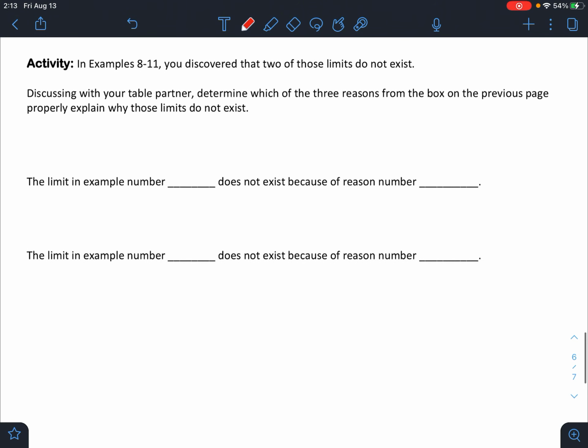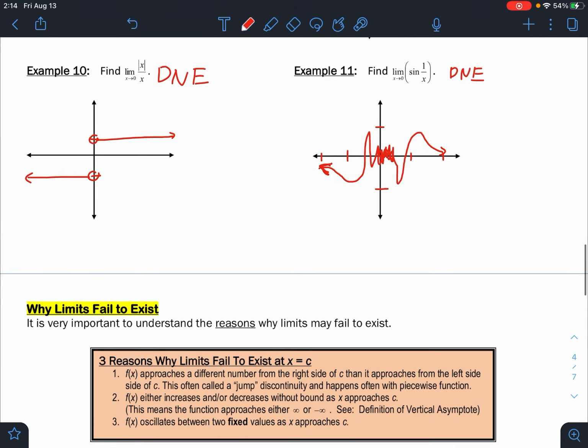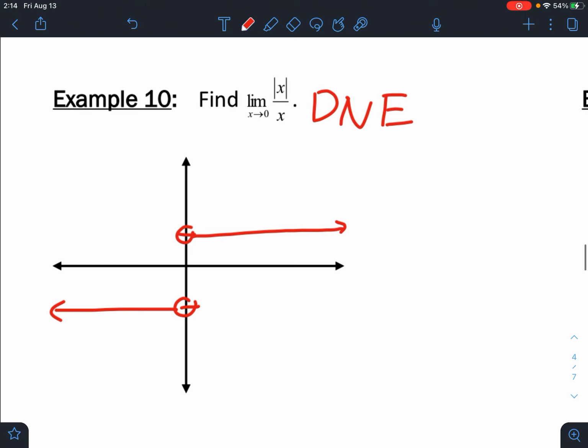All right, so here we have an activity that we'll be doing in class. We looked back at a couple limits and we found that 2 of them did not exist. So let's go back to those and figure out why. The first one that did not exist was number 10. Which reason is it? It's because the left side and the right side have different limits.